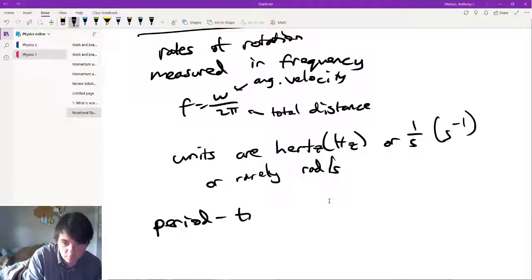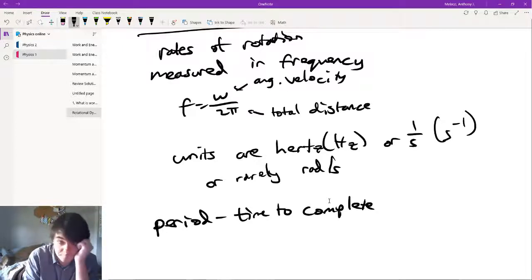Period, which is time to complete revolutions.